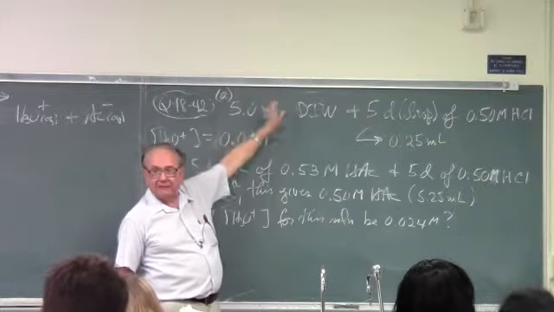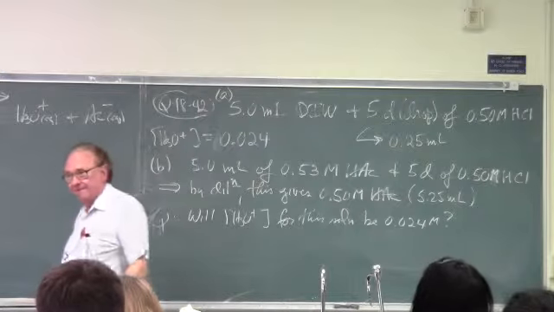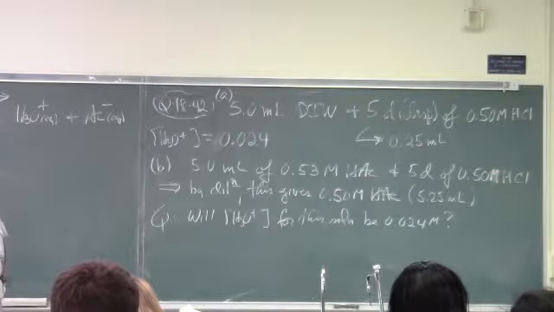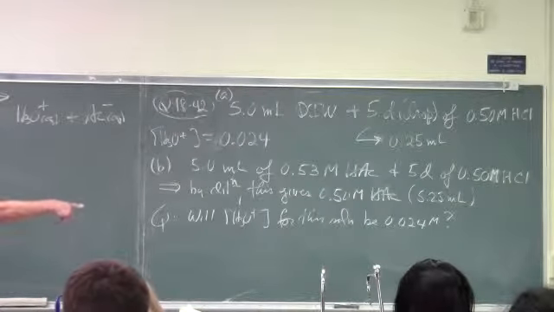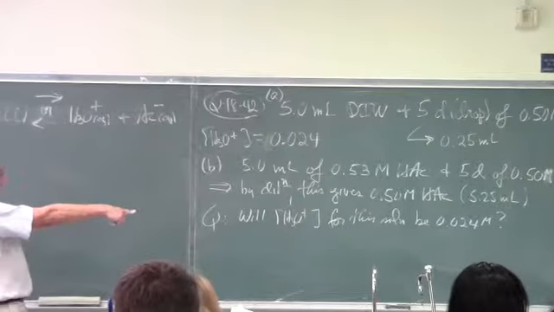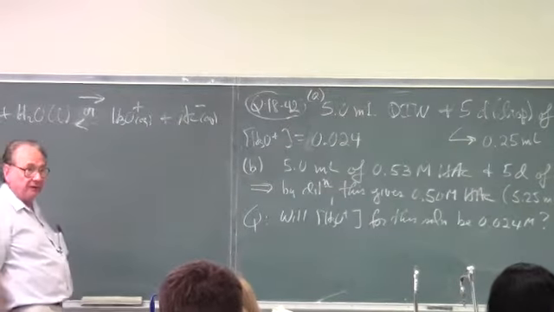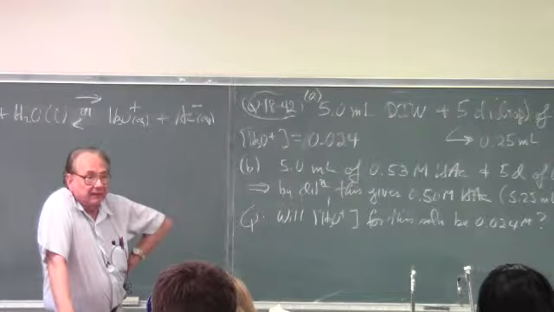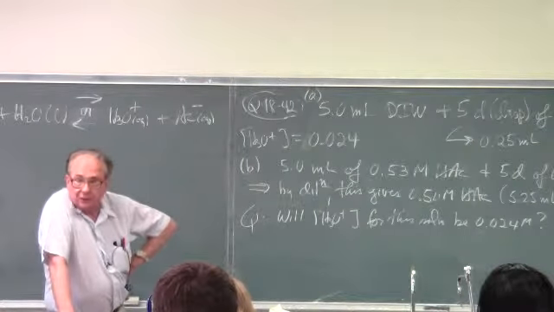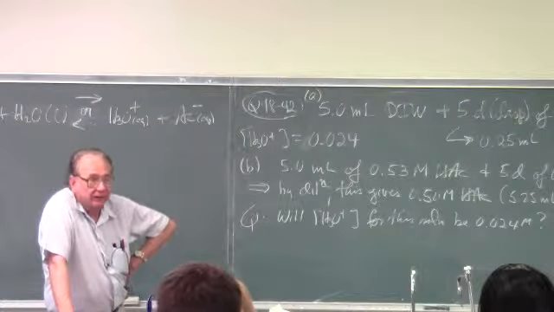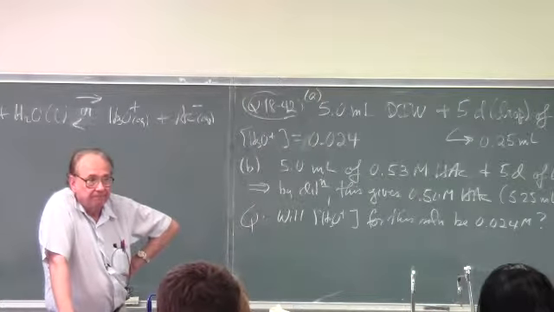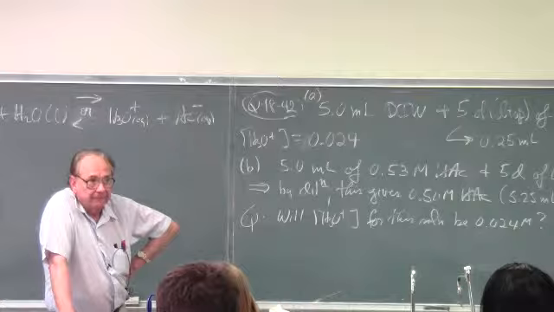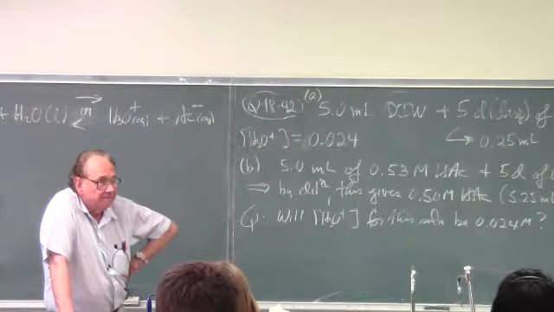What do we do to find out? Will the hydronium ion concentration for this solution be 0.024 molar? If it's not 0.024 molar, then it will be what? Bigger or smaller than 0.024 molar? Bigger or smaller?